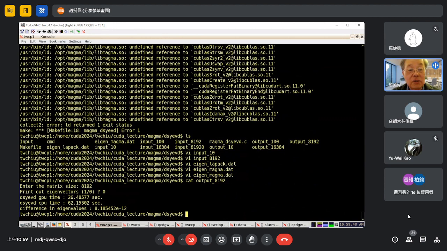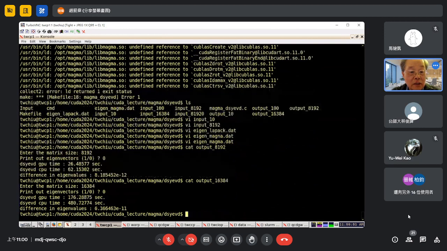If you have a larger matrix, the difference will be larger. For example, look at 16384.